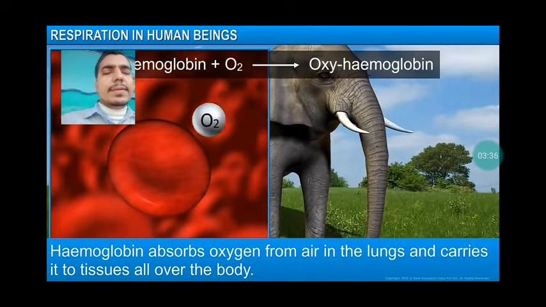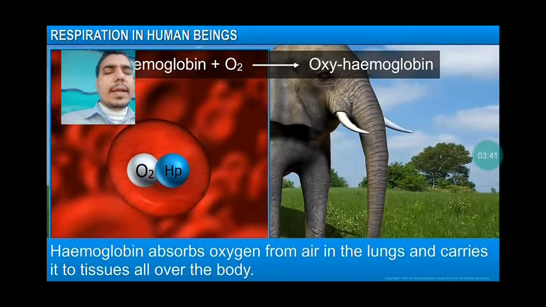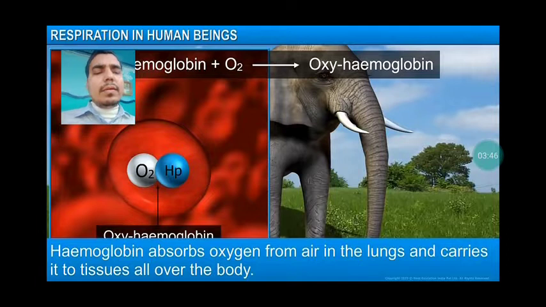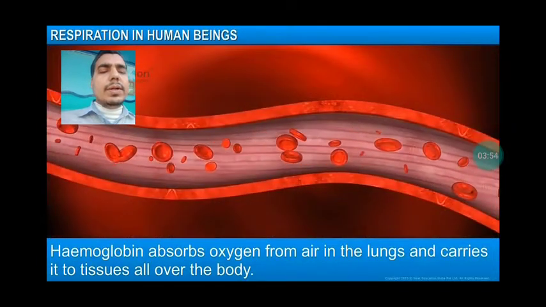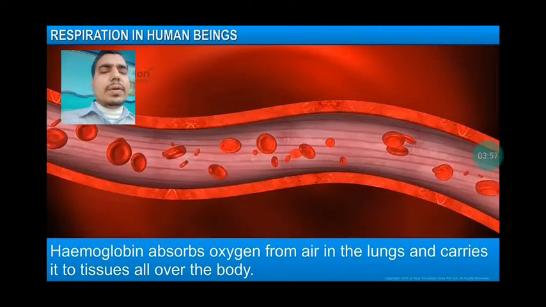This pigment binds with the oxygen from the air in the lungs and forms oxyhemoglobin. Later, through the oxyhemoglobin, oxygen is distributed to all the tissues in the body.